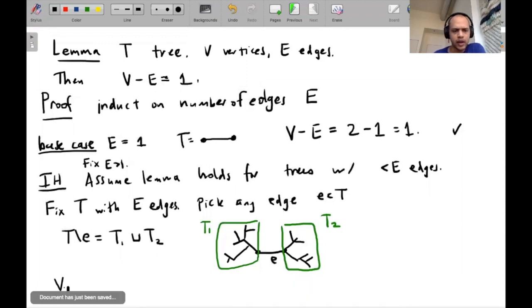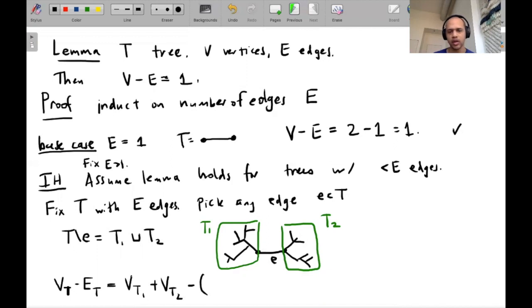So VT minus ET, using the subscript to indicate that we're talking about vertices of T and the number of edges of T, we're going to rewrite this. The vertices of T are all either in T1 or in T2. So this is the vertices of T1 plus the vertices of T2 minus the edges of T. There are the edges of T1 or the edges of T2, but that doesn't cover all of them because there's also E. But that's it.